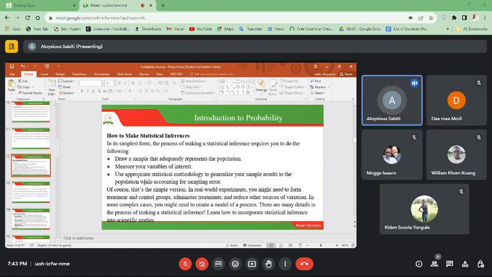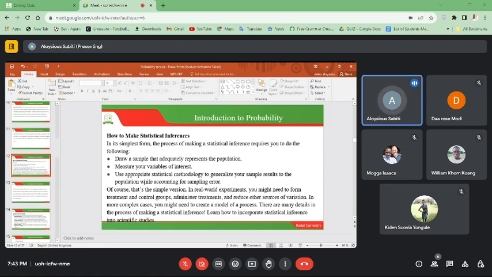One is that you draw a sample that adequately represents the population. This is where we are talking in terms of probability. If you have 10,000 youth, then you cannot sample 10 of them and expect that you will come up with a conclusive statement that is for all the youth.